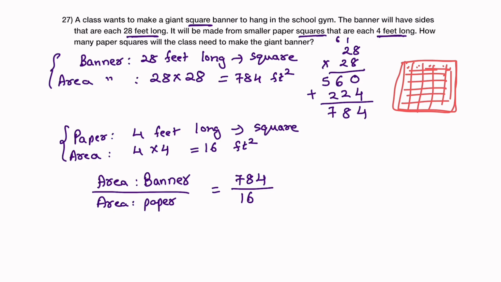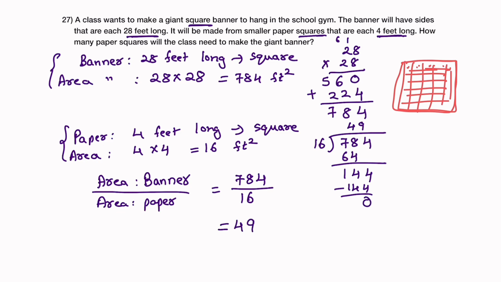And you do the calculations here. 784 divided by 16. 16 times 4 is 64. We take 4 down. Now 16 times 9 is 144. So that's 0. So that's 49 papers is what we will need to make the banner.